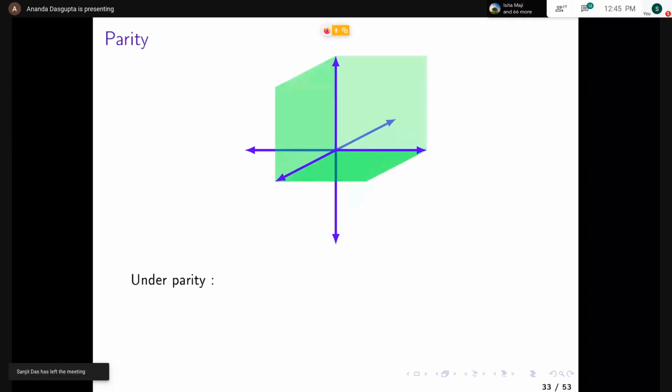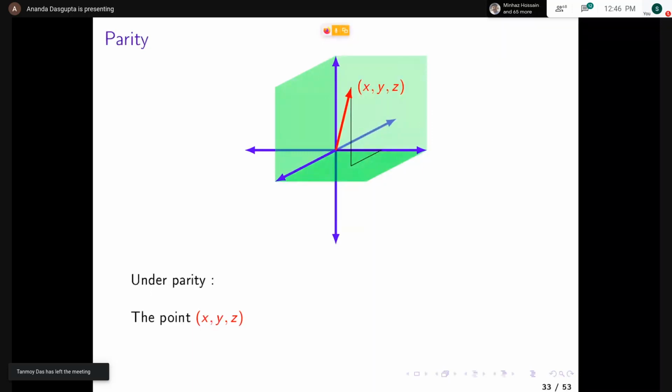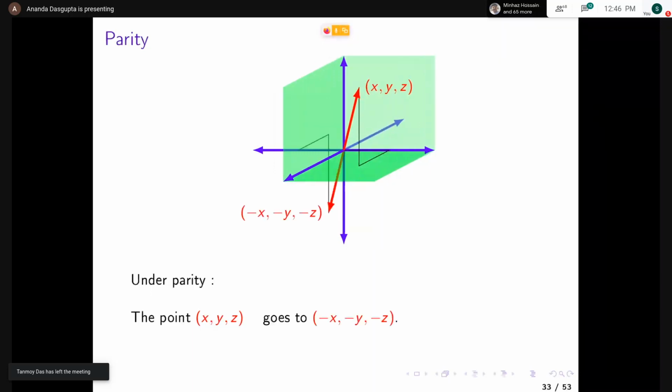Now, it's all right to talk about reflection, but we did mention parity at the beginning, also in the middle somewhere. So what has parity got to do with it? Well, parity is intricately related to reflection, in a way simpler than reflection. Parity is a mathematical operation where a point x, y, z in your coordinate system gets transformed to the point minus x, minus y, minus z.